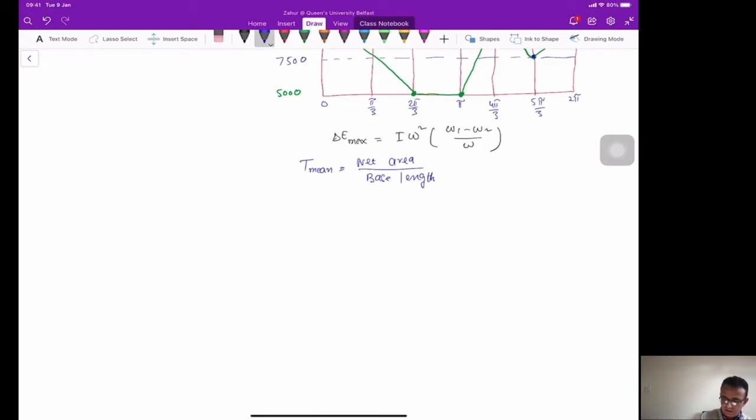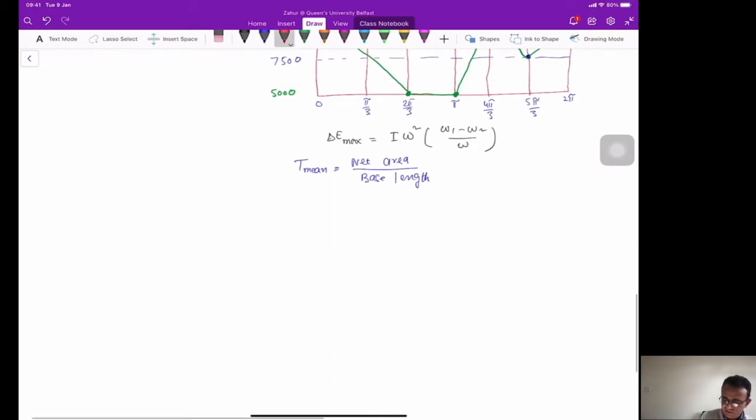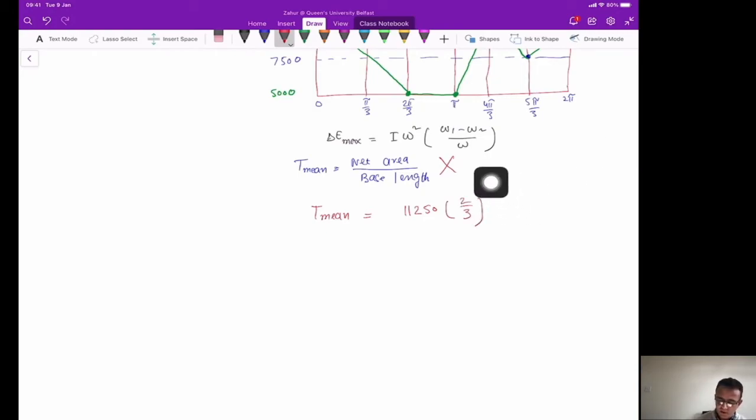So what I will suggest, to save time, is that we will not even use this equation here. We will take the previous mean torque, which was for the 3 units and which was 11,250, and you will multiply this with 2 by 3. This means that now we have only 2 units out of 3 units.